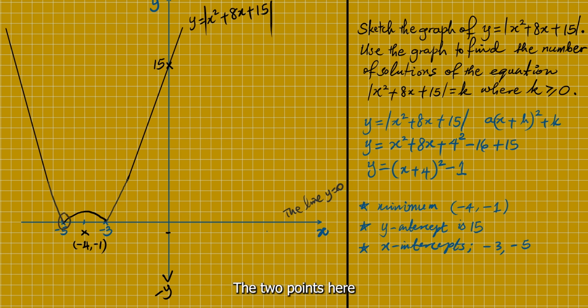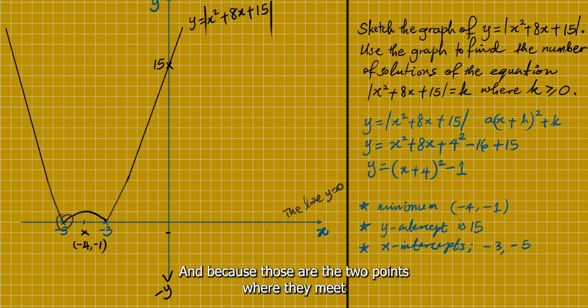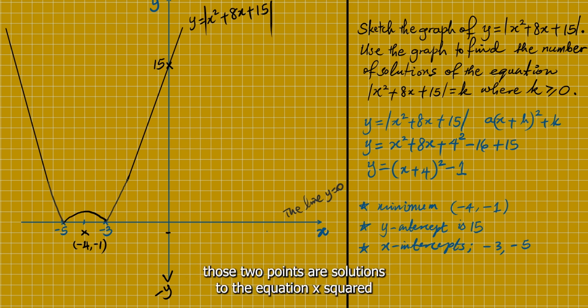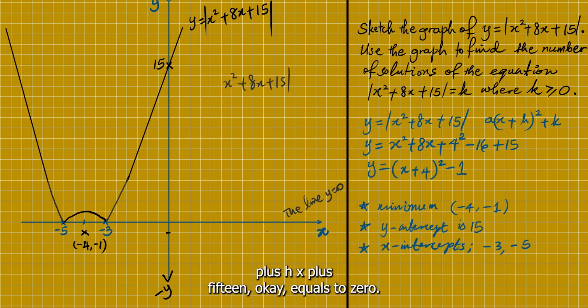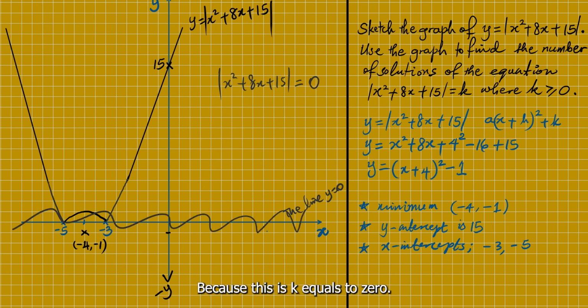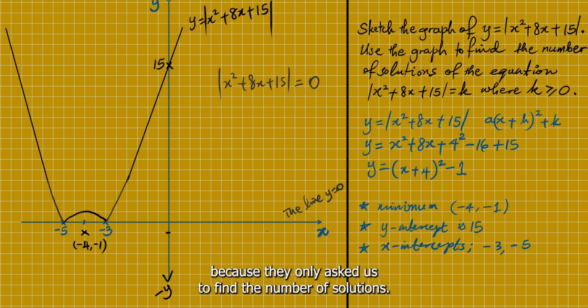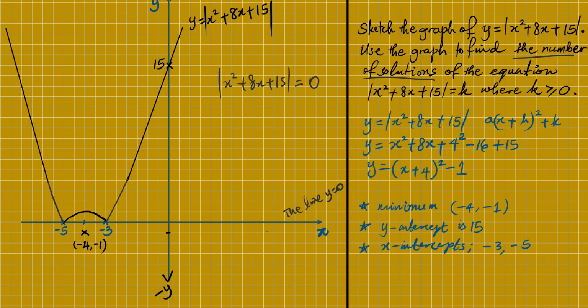The 2 points here will be where this line and this curve meet. And because those are the 2 points where they meet, those 2 points are solutions to the equation x squared plus 8x plus 15 equals 0, because this is k equals 0. All right, which means that for k equals 0, because they're only asking us to find the number of solutions, there are 2 solutions.